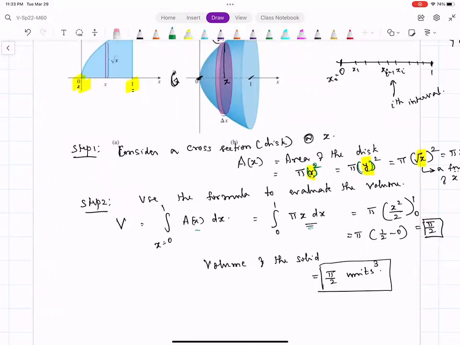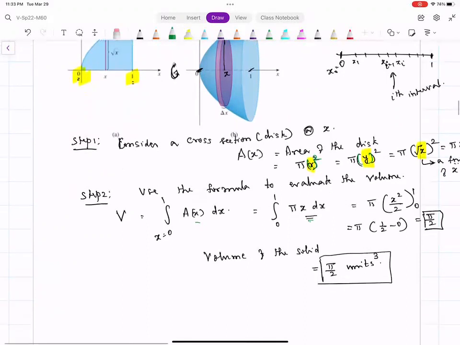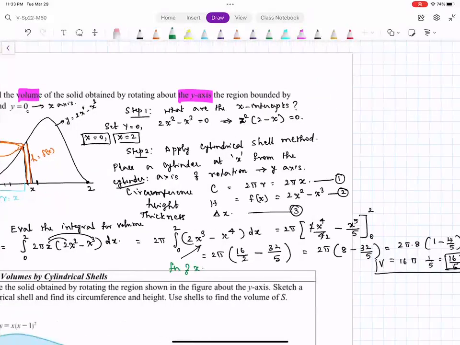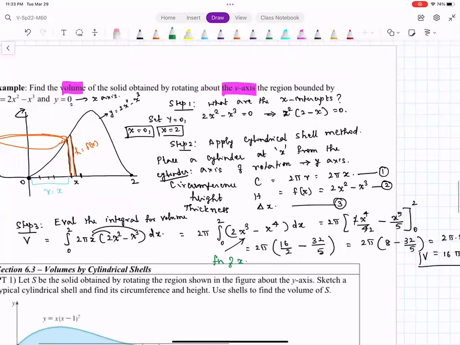So rotation about the x-axis, all a function of x for the disk and washer methods too. Whereas in the cylindrical shell method, rotation about the y-axis doesn't make the integrand a function of y, but a function of x. It's the opposite variable.